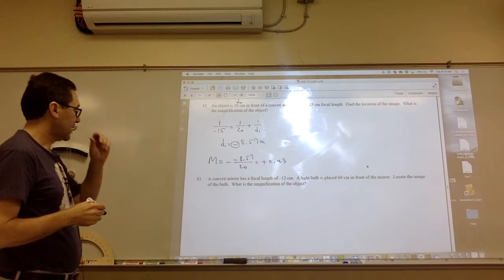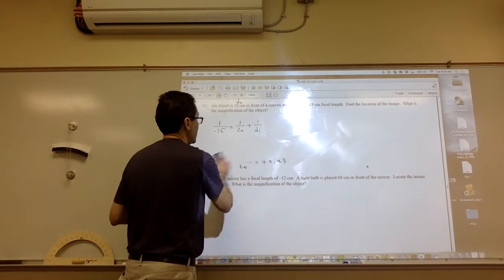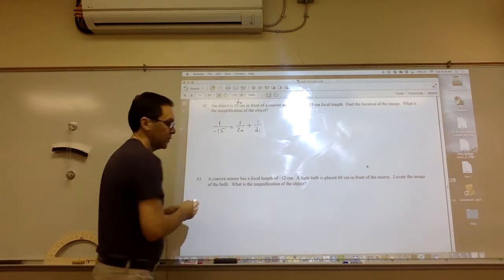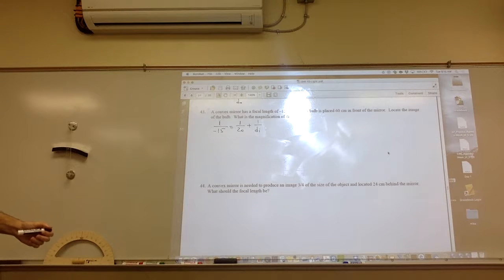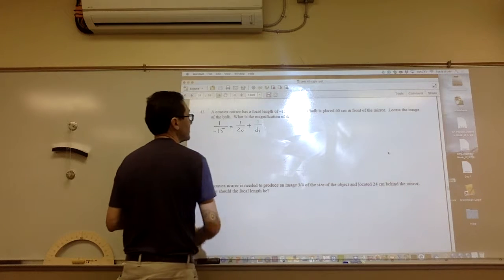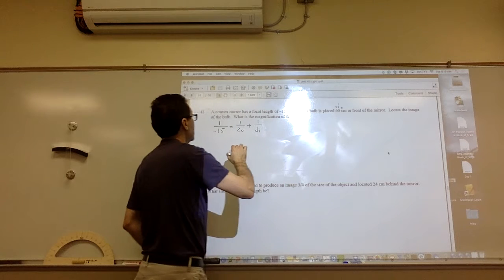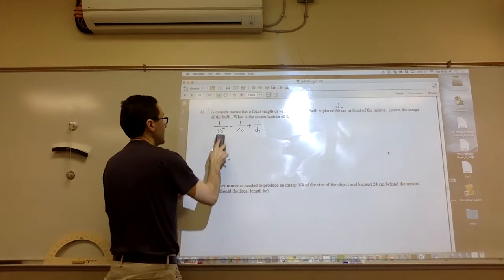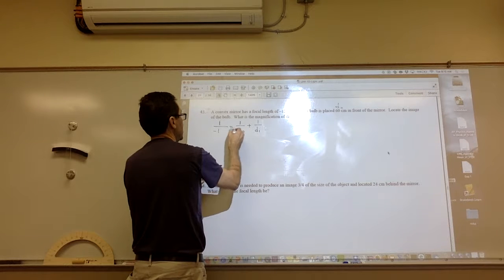Number 43. A convex mirror has a focal length of negative 12. So this is DO, this is F. We're going to make this negative 12 and make this 60.